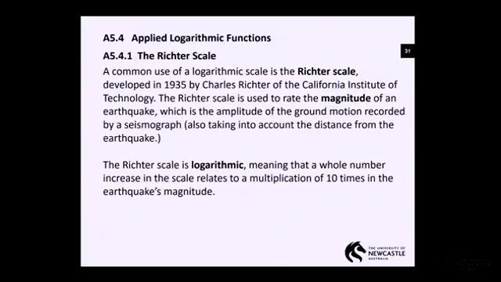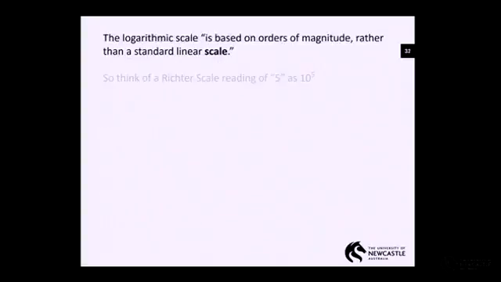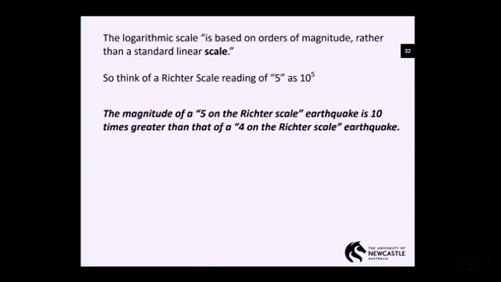Now, the Richter scale is actually in logarithms, okay? It's logarithmic, meaning that a whole number increase in the scale relates to a multiplication of 10 times in the earthquake's magnitude. All right, so you can see that he has this written down next to his graph, next to that picture of the Richter scale.